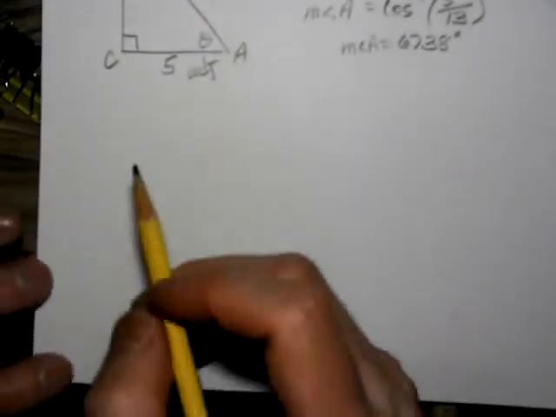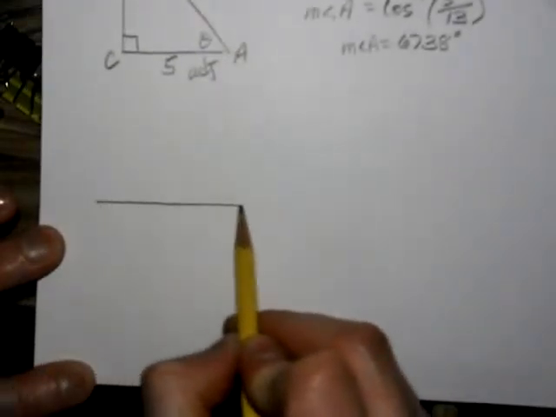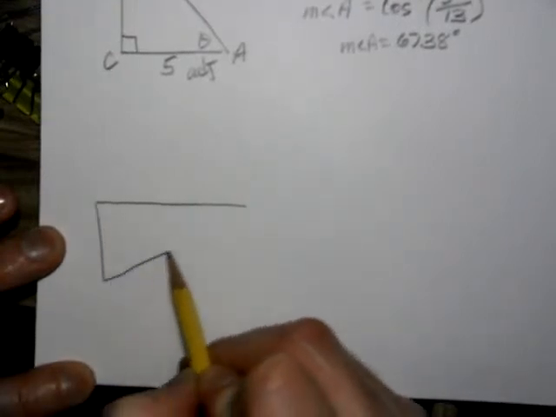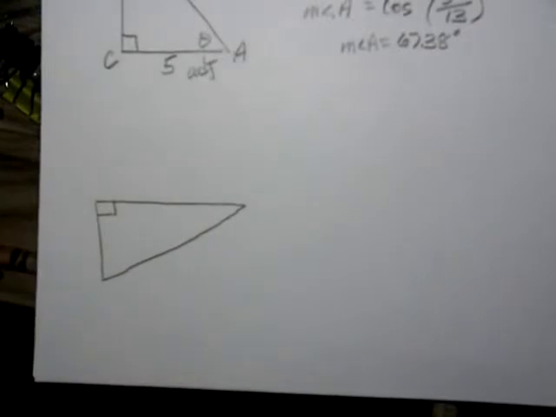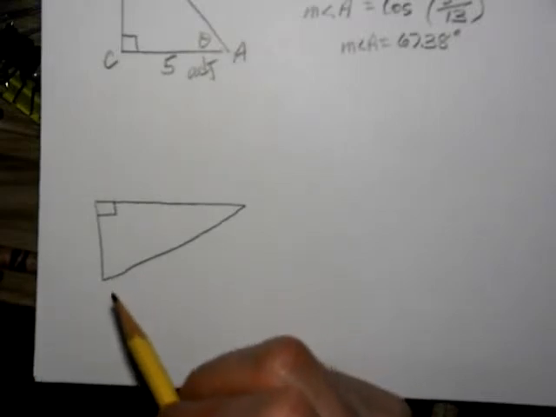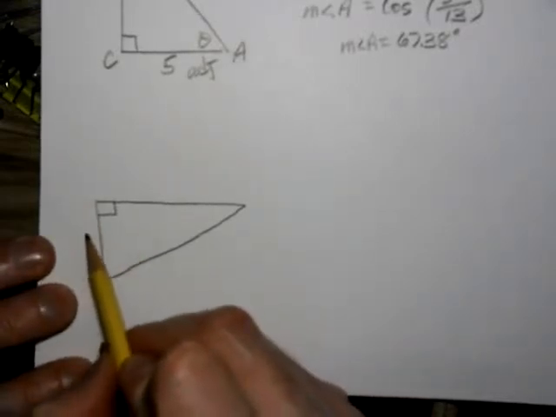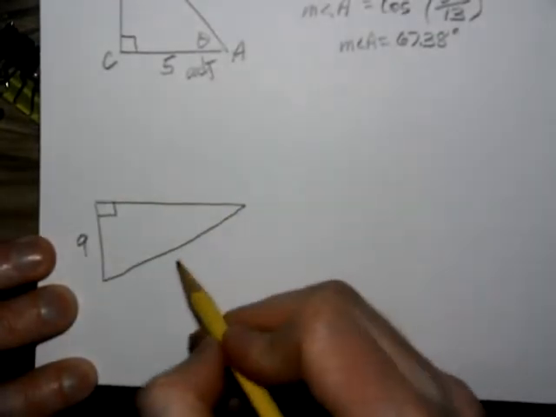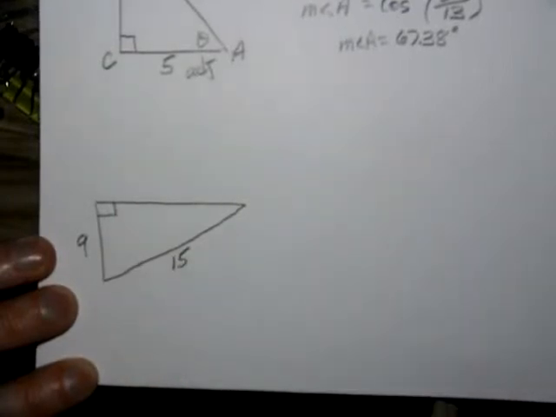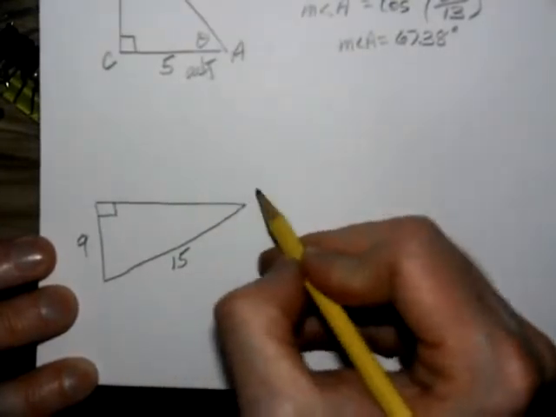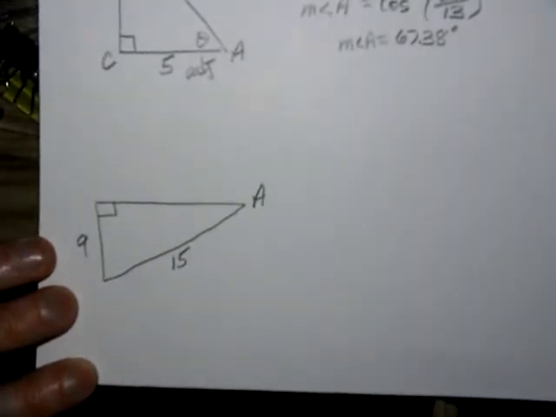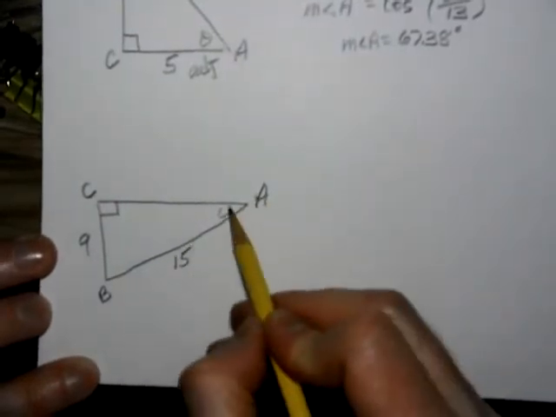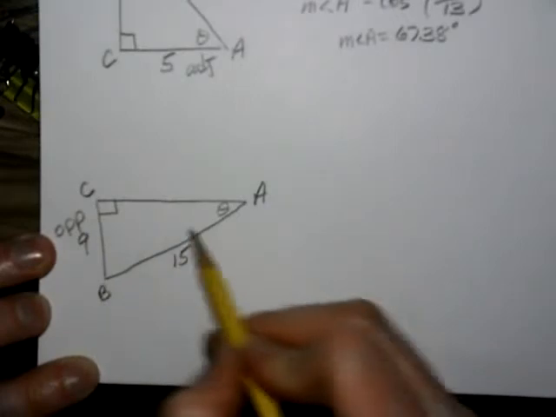I'll do a last example. If you have a right triangle and we have some side lengths of 9 and 15, we're looking for the measure of angle A. We know across from our A is our opposite side.